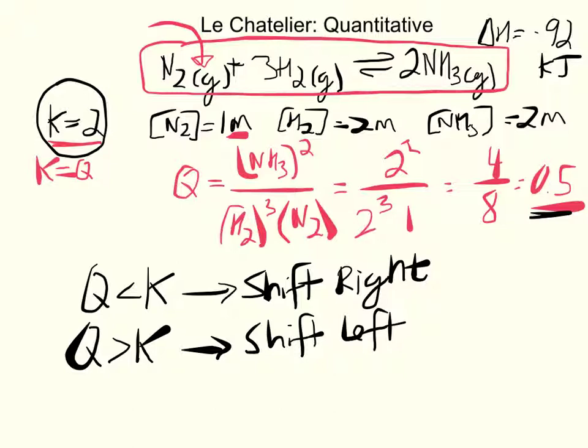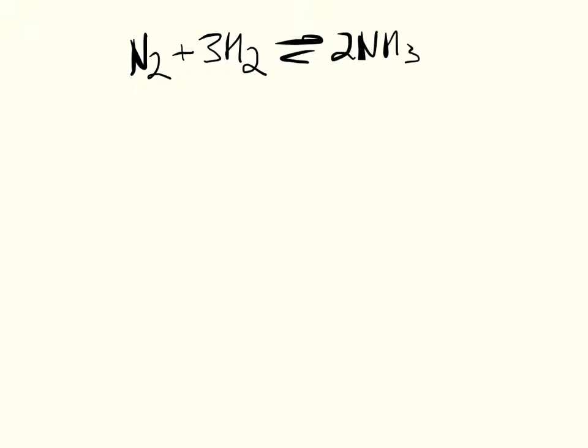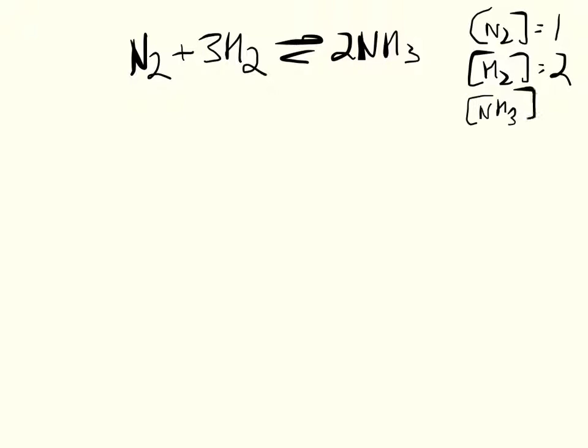What we could do next is, given these concentrations and this equilibrium constant, what would the concentrations be at equilibrium? Let's go ahead and look at that really quickly. Well, the way we do that is if we have this reaction N2 plus 3H2 in equilibrium with 2NH3, and we know the values from before, N2 is 1 molar, H2 was 2 molar, and NH3 was 2 molar.